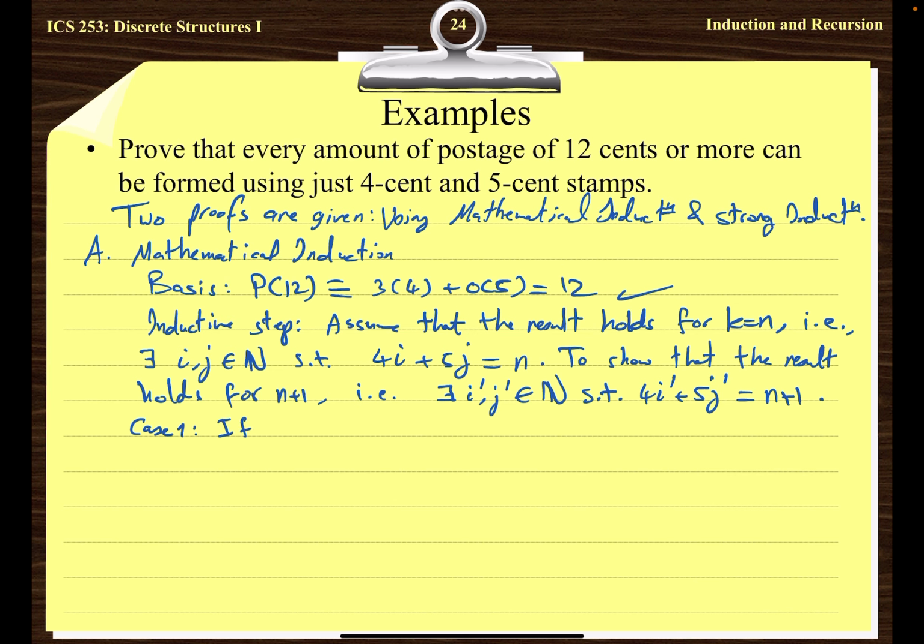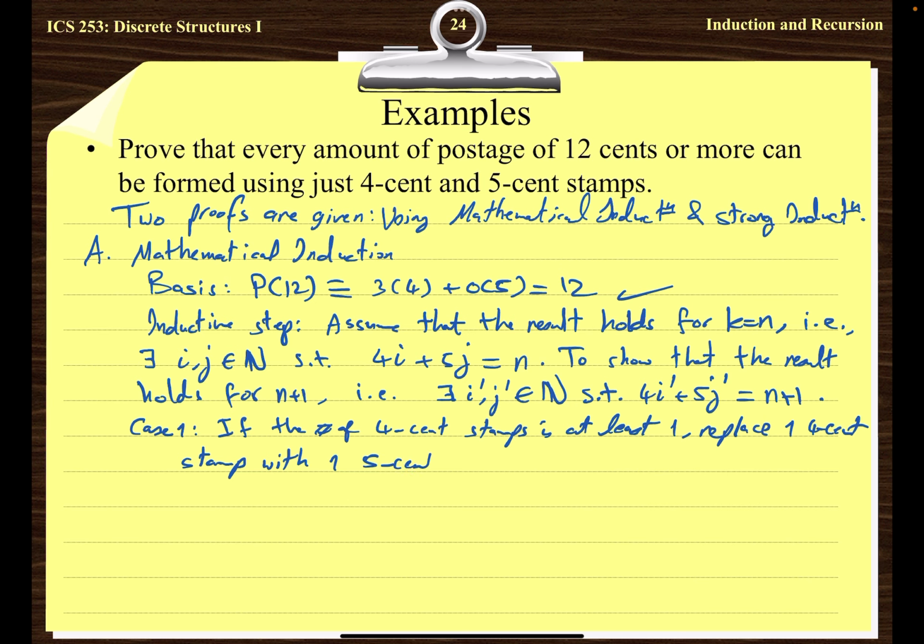If the number of 4-cent stamps is at least 1, replace 1 4-cent stamp with 1 5-cent stamp. So in this case, what is the value of I prime and what is the value of J prime?